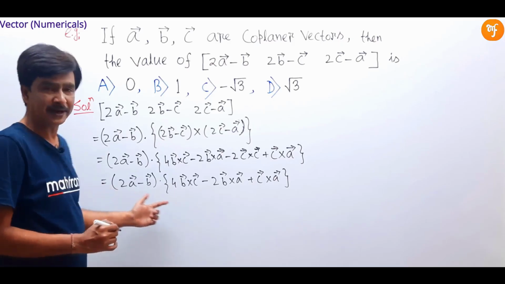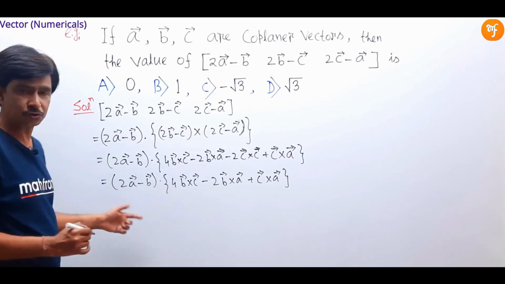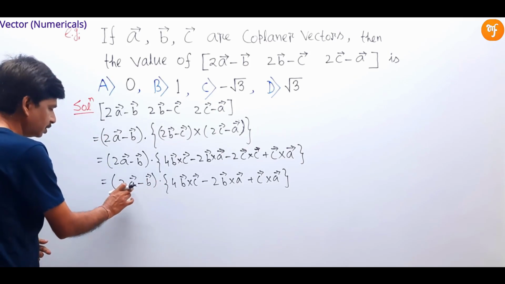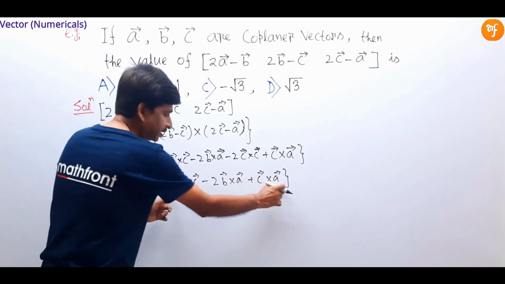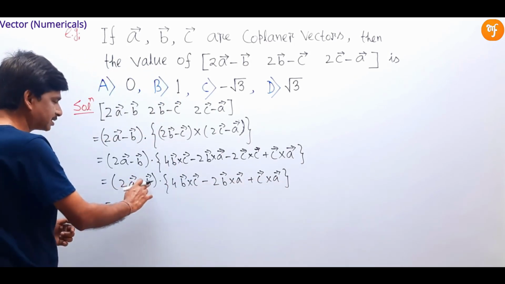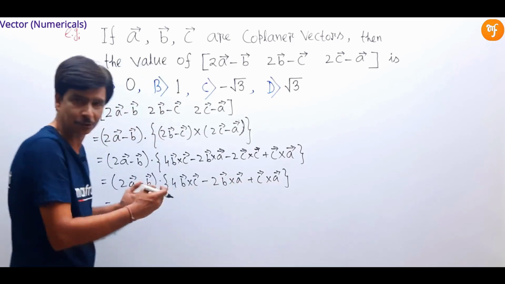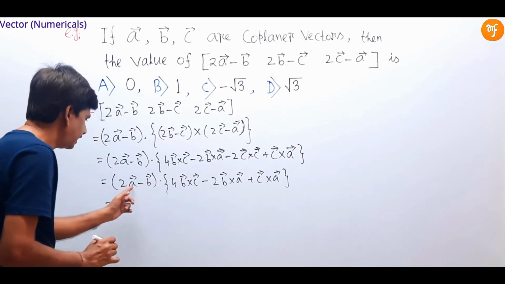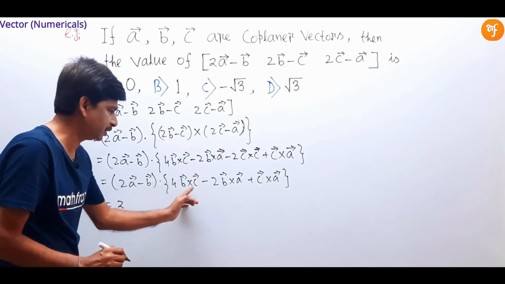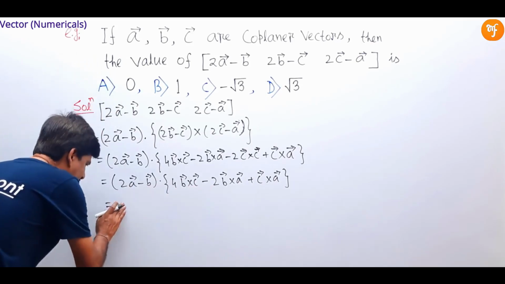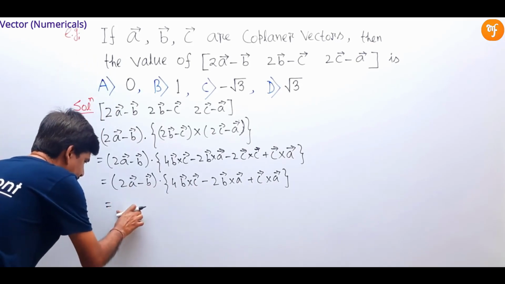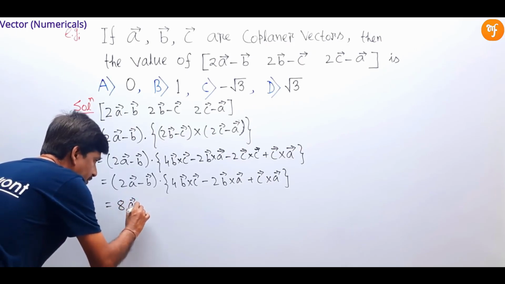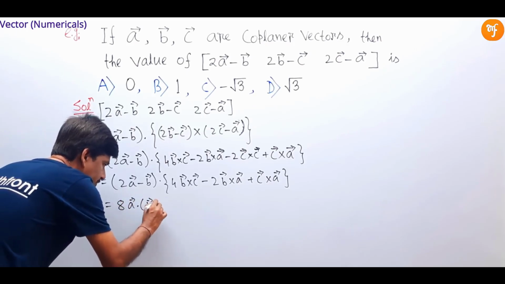Now again we will open it. Now if we use the dot product, first of all 2a dot this whole vector, then minus b dot this whole vector. So let's open 2a dot 4 into b cross c. So directly we can write 8 into a dot b cross c.